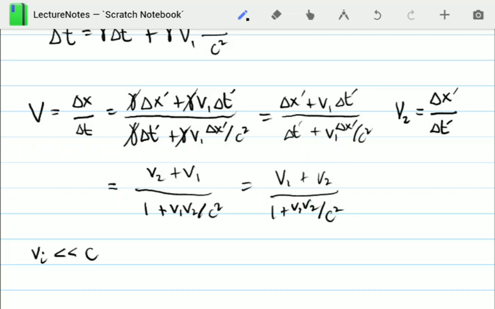So typically, our speeds when we walk or we are on platforms, they are very, very much less than the speed of light. This term here will be negligible, and that's when we go back to our Galilean or our usual experience that the velocities seem additive.